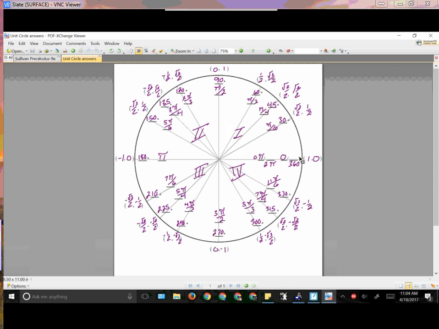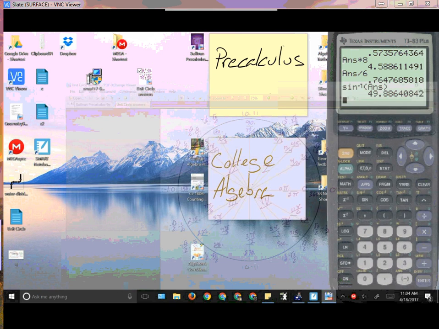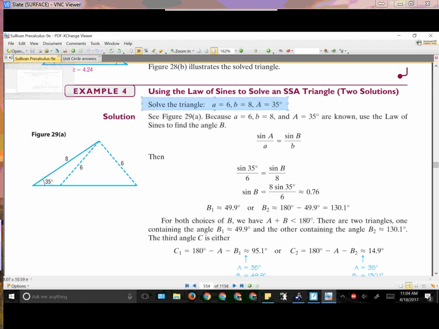Whatever the degree measure here is, added to 0, bring it up here. If I want to find where it is the same over here, half over here, half over here, I take 180 minus that degree. So when you are looking at this, you'll notice that they take 180 and subtract things away.